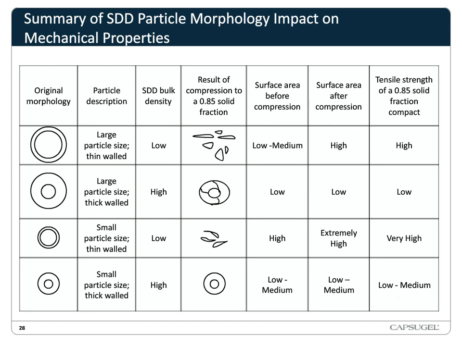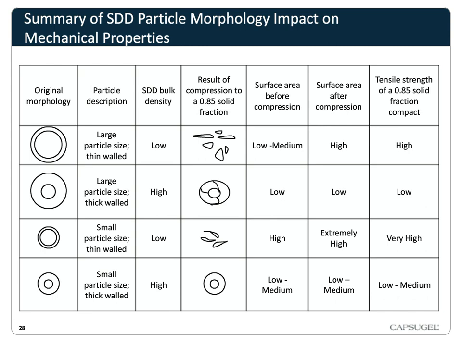And finally, a small particle size and thick-walled is going to have a high bulk density, so good powder flow, not quite as good as the large particle size thick-walled. The surface area before compression is going to be low to medium, and after compression is still probably going to be low to medium. One thing to realize is that we can start to optimize particles for flow, knowing that when we compress them we're going to be at a much higher surface area.